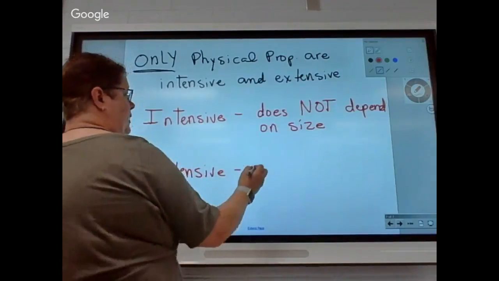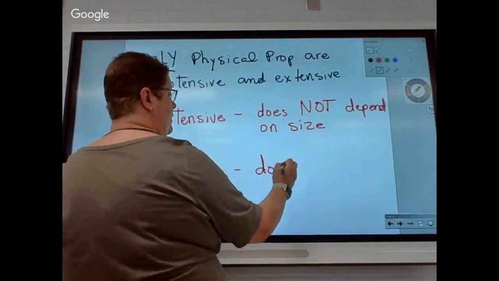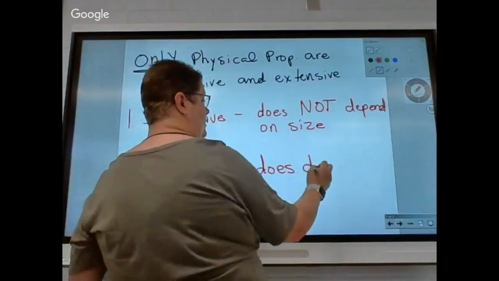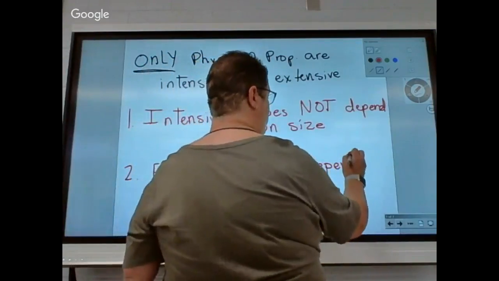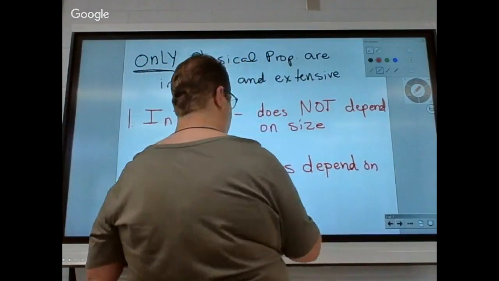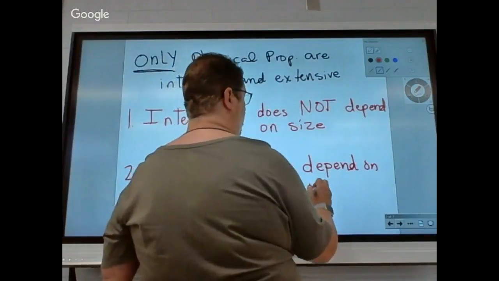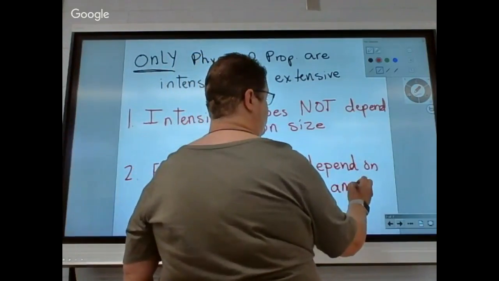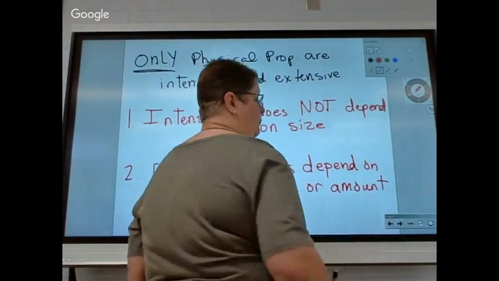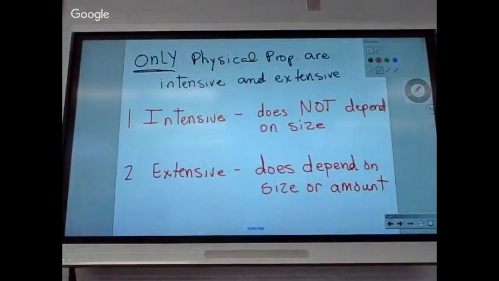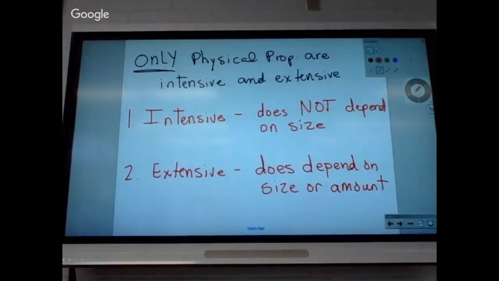Extensive means it does depend on size or amount. Intensive does not depend on size or amount, and extensive does depend on size or amount.